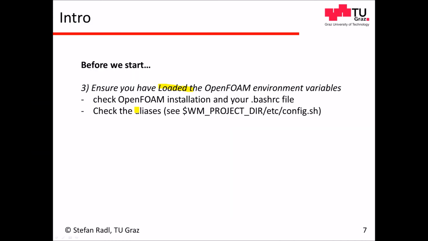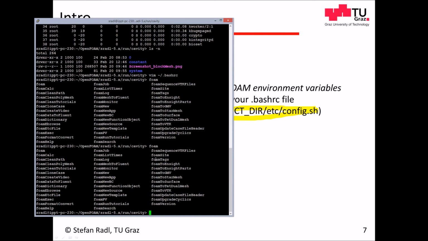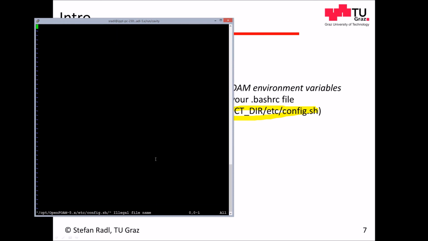What is also useful is that you have a lot of aliases. If you check out this file here, WM_PROJECT_DIR is the installation directory of OpenFOAM. In our case this is /opt/OpenFOAM-5, and then etc/config.sh.